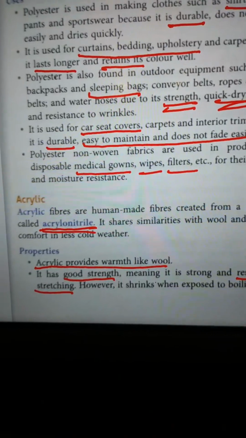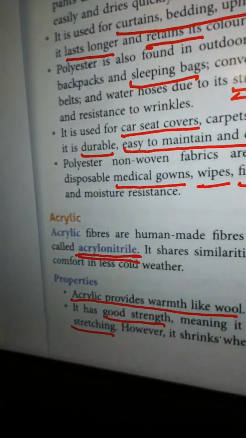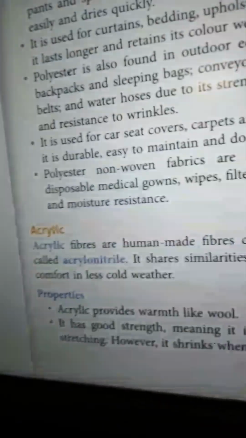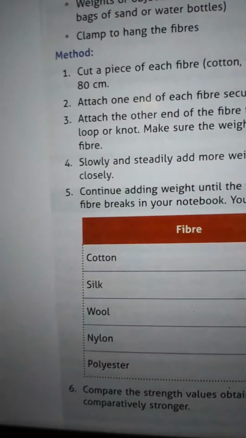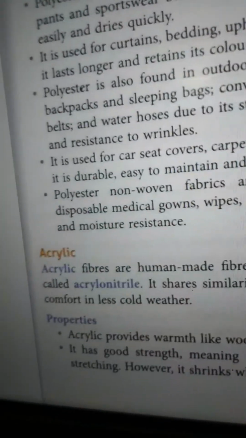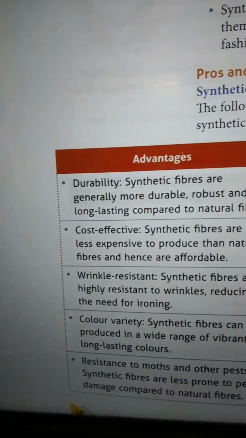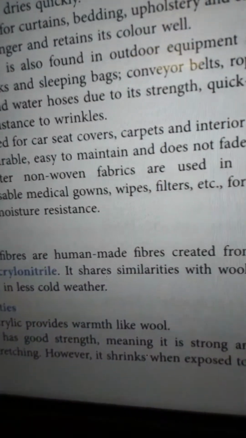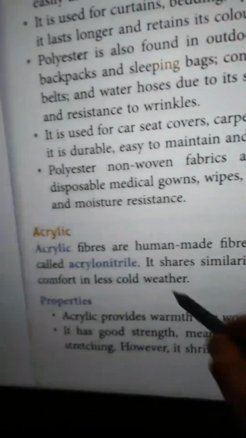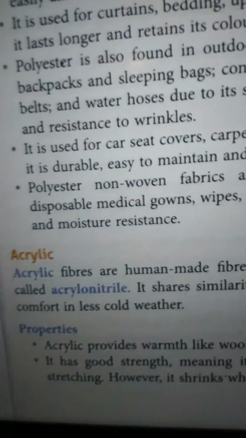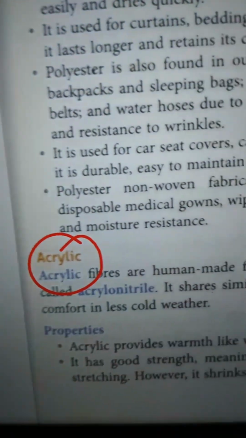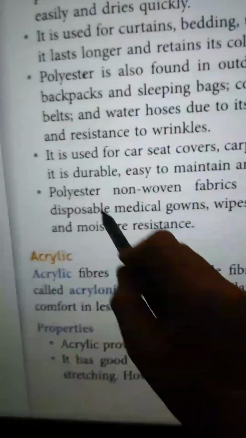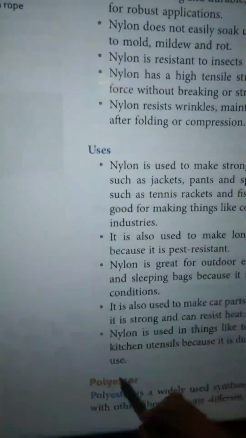Some properties of acrylic material are that they have some properties. Okay, so how do you know that they are acrylic? So we have read, the first synthetic fiber we have read is acrylic. Then the next synthetic fiber we read was polyester.